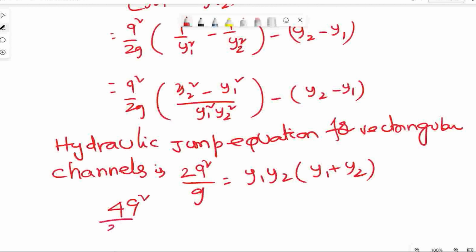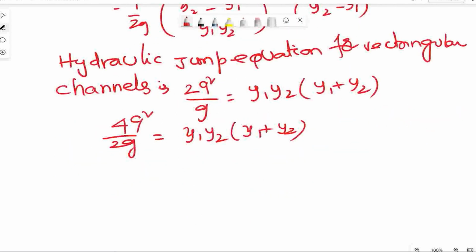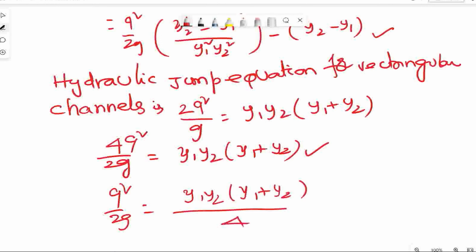It is 4 q square by 2g is equal to y1 y2 into y1 plus y2. So q square by 2g is equal to y1 y2 into y1 plus y2 divided by 4.